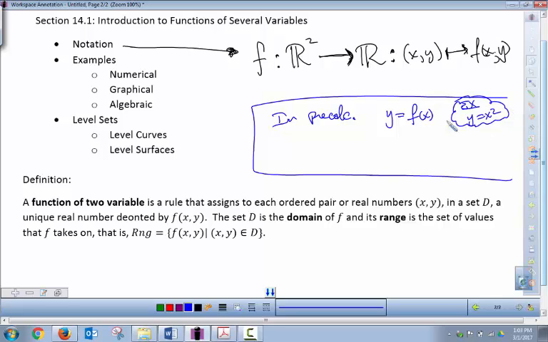The way this notation would work is that the name of my function is f, so I'll call it f, and the place where I'm going to get the domain from is just a set of real numbers. And then my output is also just another set of real numbers.